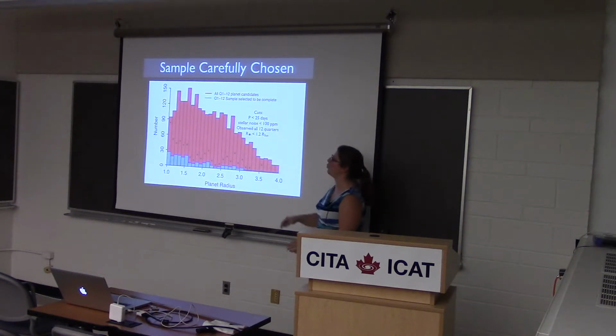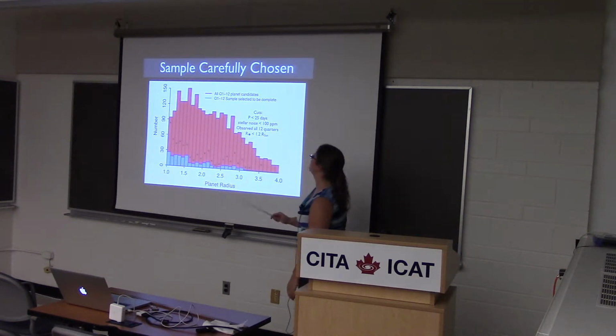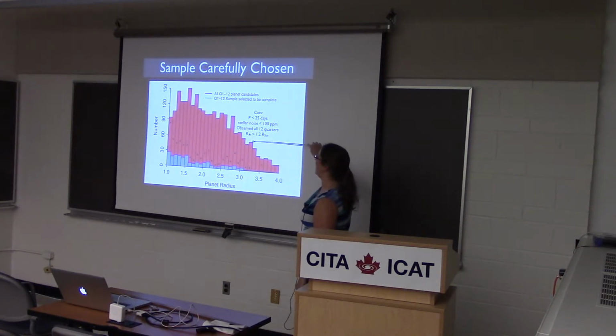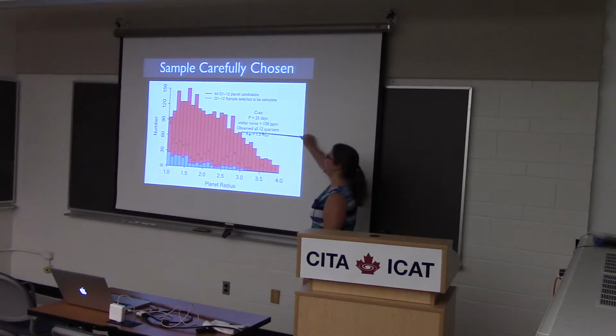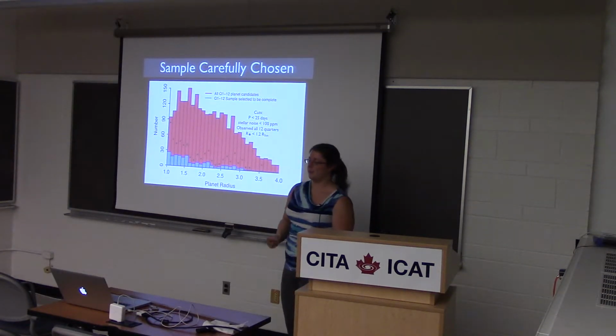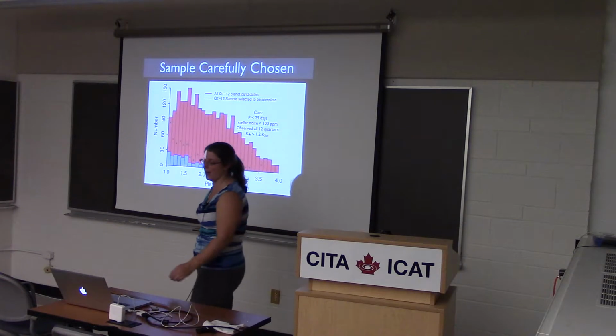But the rest of them were cut on the stellar properties, not on the planet properties. So we limited ourselves to a stellar sample that was the quietest stellar sample, also observed all 4 quarters of the data that were available, and that had smaller radii. And the combination of these cuts allows us to be complete, meaning that all the planets that are there we would have found, down to 1.2 Earth radii.